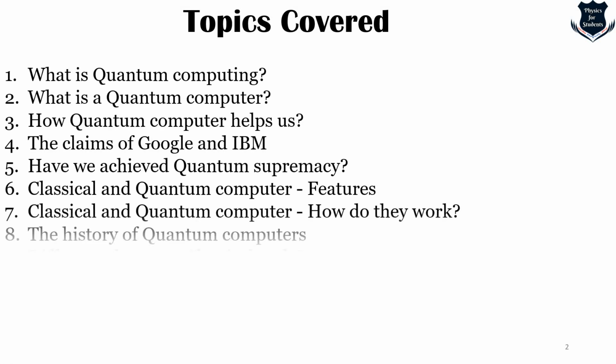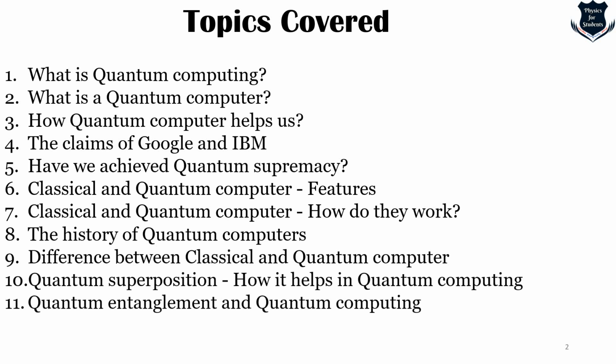First we would know what quantum computing is called, what a quantum computer is, how a quantum computer operates, what the claims made by Google and IBM, the two IT giants, are, how we have achieved quantum supremacy, what the features of classical and quantum computers are, how a classical and a quantum computer operate, a brief history of quantum computers, the difference between classical and quantum computers, quantum superposition, a very unique feature, and how it helps in quantum computing, and also quantum entanglement and how it facilitates quantum computing.